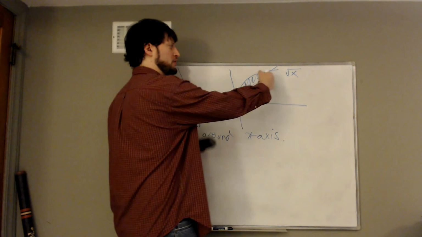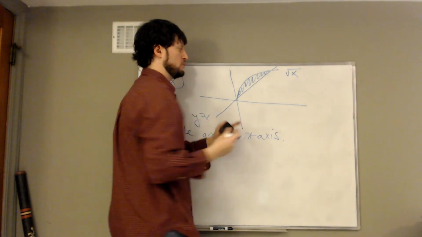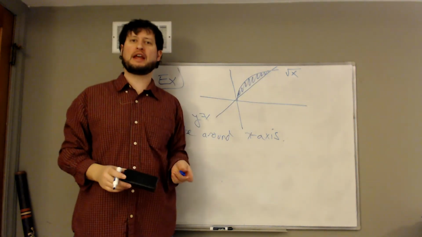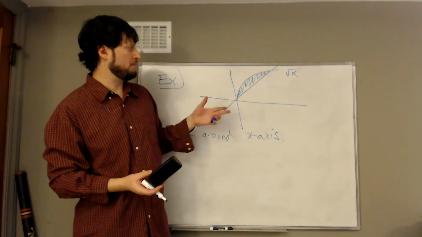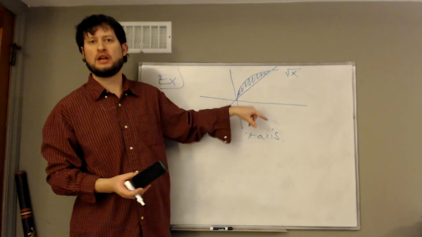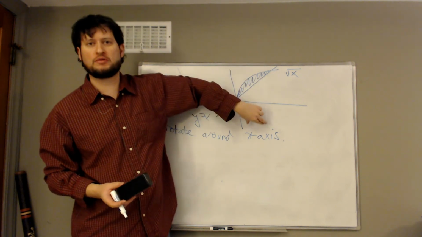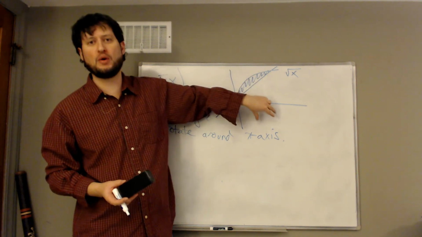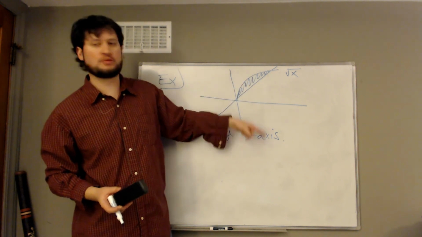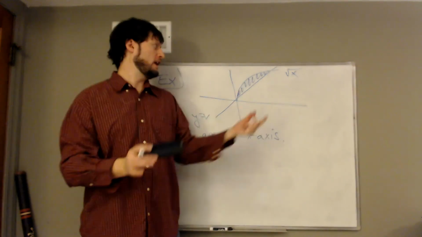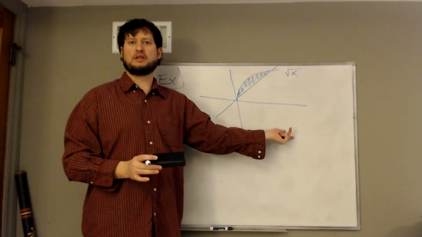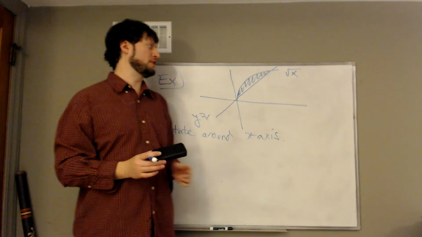If we took this y equals x and rotated it around, it would create a cone. If we take a triangle and rotate it around, we get a cone. But we've got the outer piece, that parabola, rotated around to make a bowl type shape, and then we've cut out the middle cone because we're not including the whole piece.